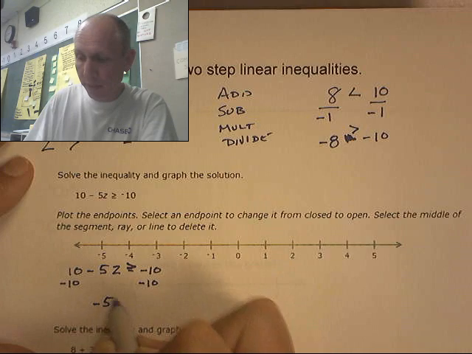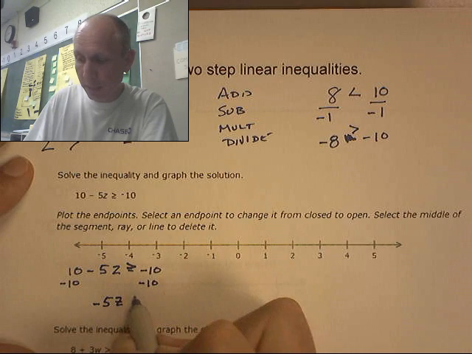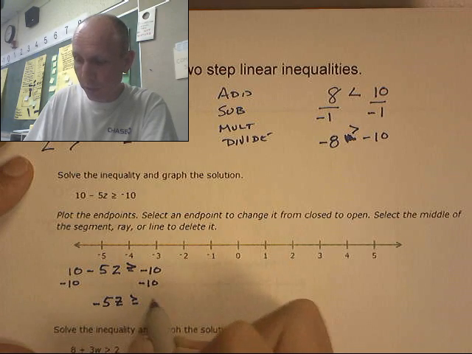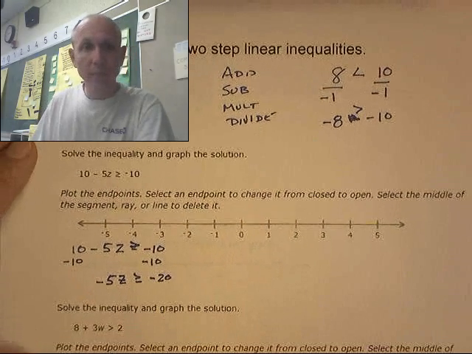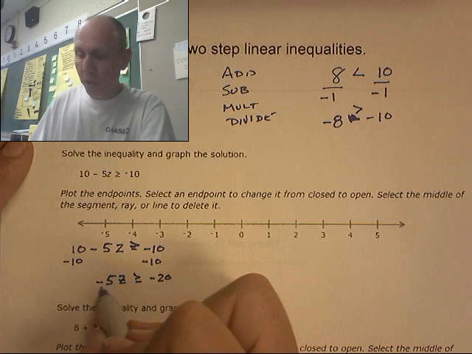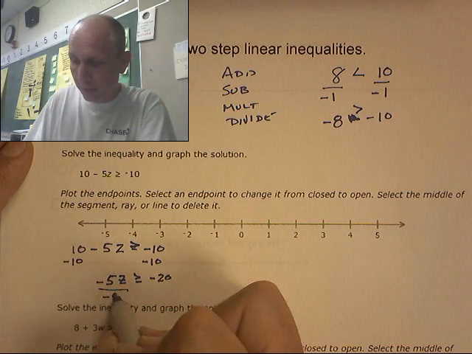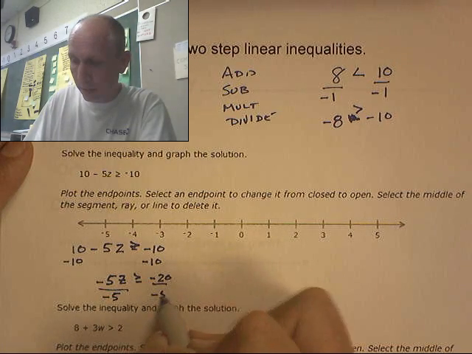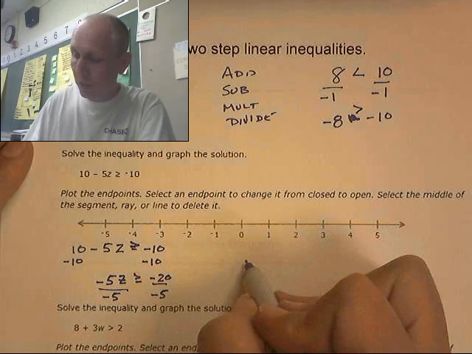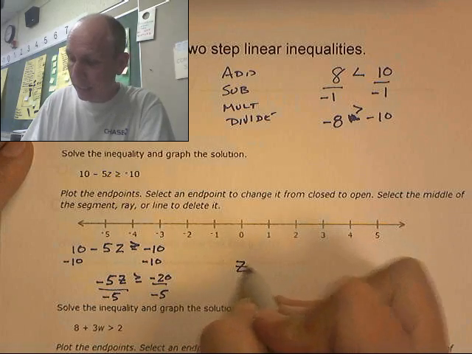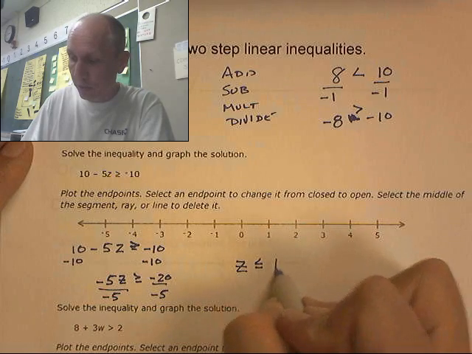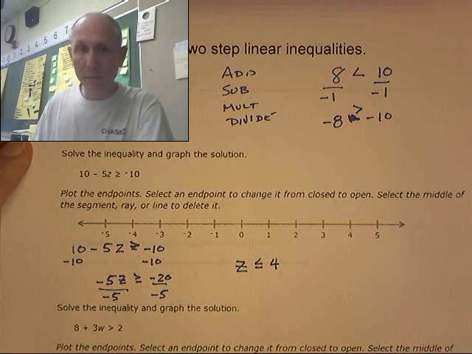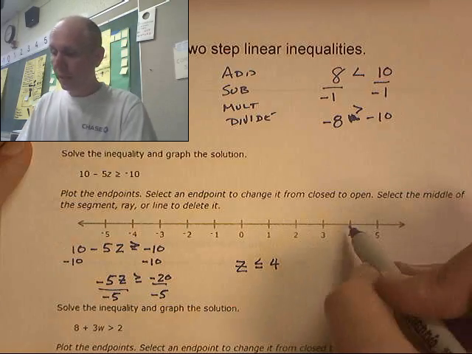That's going to give me negative 5z is greater than or equal to negative 20. Now I'm going to divide both sides by negative 5. So I have z, and here's the flip that's about to occur, is less than or equal to 4.